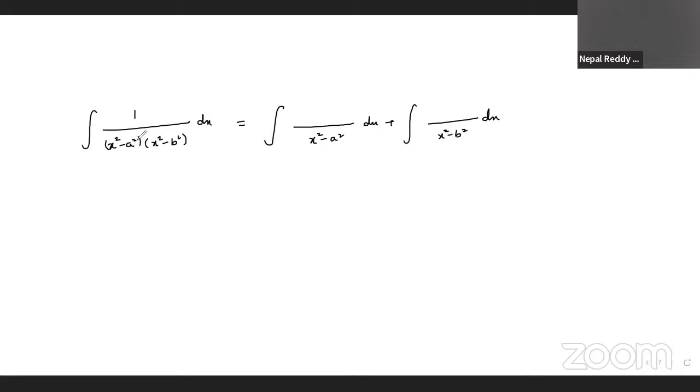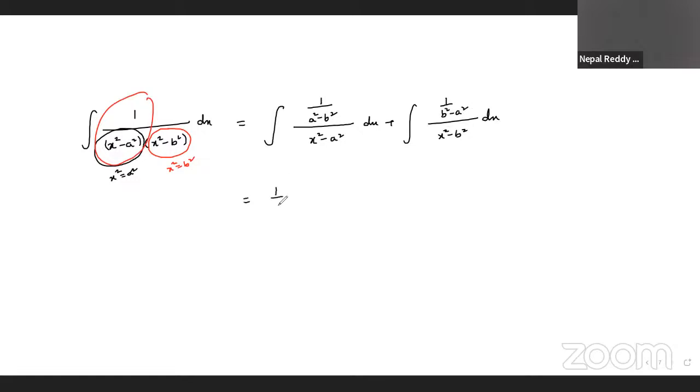To get the constant upon x square minus a square, first close x square minus a square, nothing but x square equal to a square. Substitute in the remaining part. You will get 1 by a square minus b square. Next, to get the constant upon x square minus b square, put x square equal to b square in the other. You will get 1 by b square minus a square.